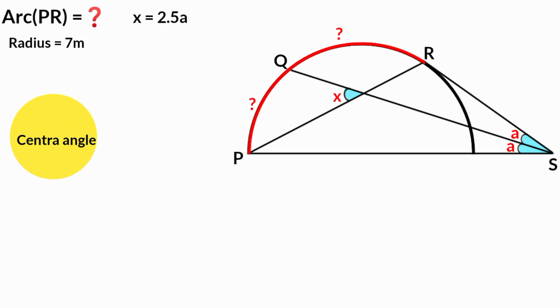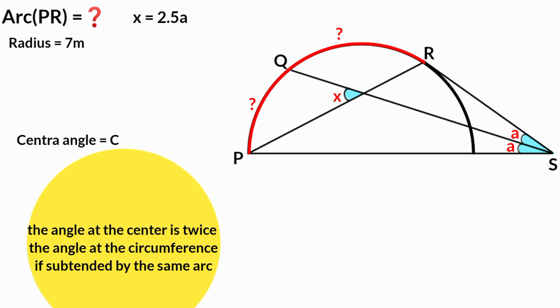Now what is the central angle? We don't have it. Let's call it C. From the circle theory, there is a rule that the angle an arc subtends to the center is twice the angle at the circumference. Now if you come here, draw a line that connects this point R and this point here.